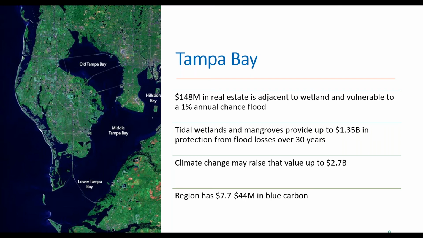But the calculations that we came back with are between $7.7 and $44 million in blue carbon. And again, this is in avoided losses if those areas were to be degraded or destroyed over the next 30 years. It does not speak to the potential sequestration as new mangrove areas are colonized and as mangroves mature.